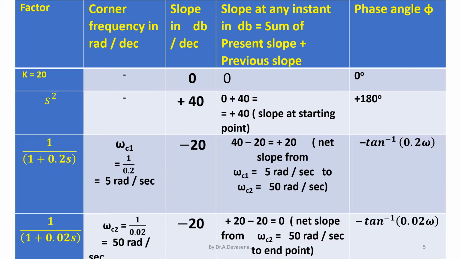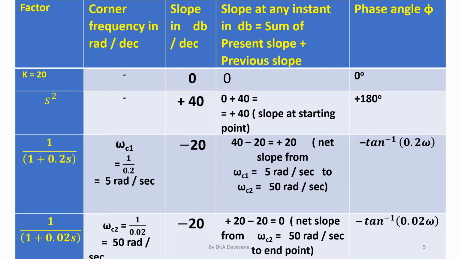And consider the second factor, s square. For the factor s square, there is no corner frequency, and s square produces a slope of plus 40 dB because the term is present in the numerator and it is an s square term. The previous slope is 0, present slope is 40. So slope at any instant is 0 plus 40, that is equal to plus 40 dB.